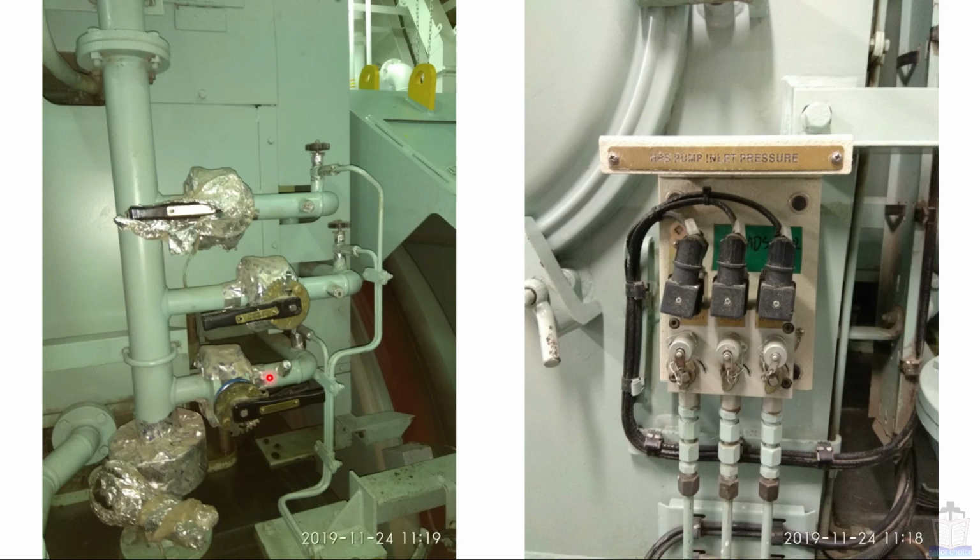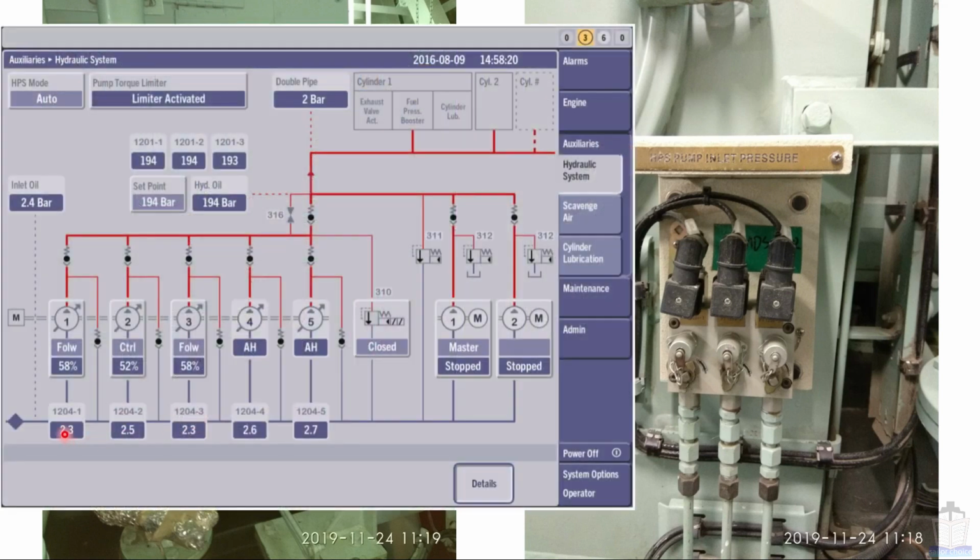These 3 pipes are going to individual engine driven HPS pumps suctions. And you can also see that some taps are coming from individual pipes, and these are going directly to individual pressure sensors. This pressure sensor is termed as the HPS pump inlet pressure, that is this 1, 2 and 3.